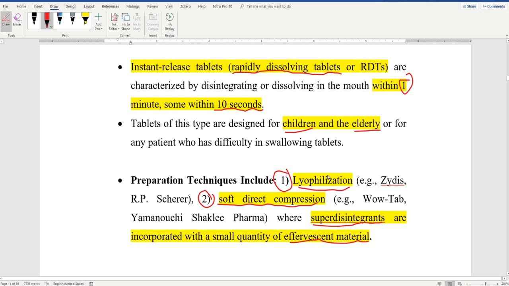So, freeze your formulation. First, prepare it in liquid, freeze it, and then freeze dry it, meaning dry it while it's frozen, and that's why they refer to it as sublimation.